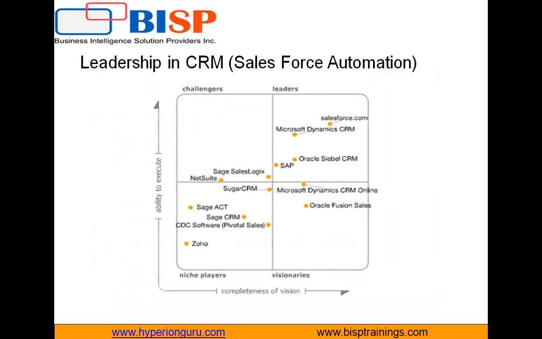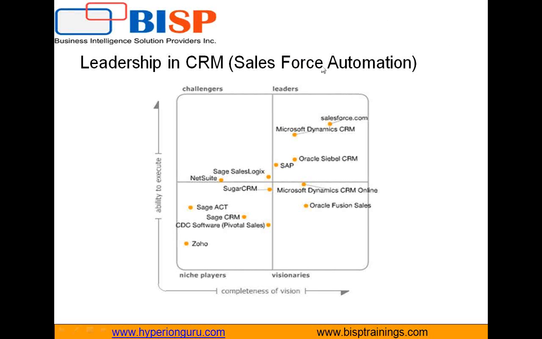Before moving on to comparison, first let's see where these two products fall in the Gartner Magic Quadrant. Gartner released its Magic Quadrant for SFA, that is Sales Force Automation. Let's look at the Gartner result on Microsoft Dynamics CRM and its biggest competitor Salesforce.com.